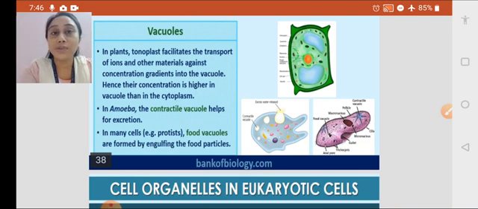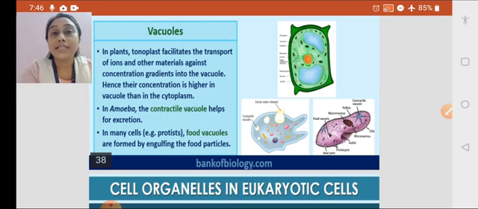That means tonoplast is functioning in active transport to pump the ions and some other materials which are already there inside the vacuoles. Still, this membrane is pumping those ions inside the vacuole. So, tonoplast has a large number of proteins which act as pumps to pump the ions and these materials inside.